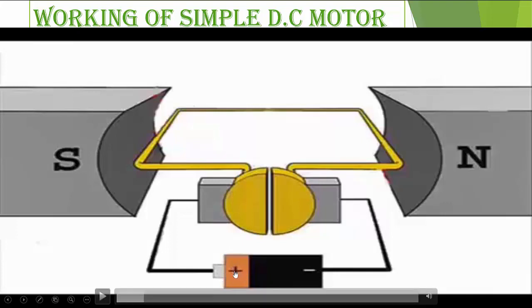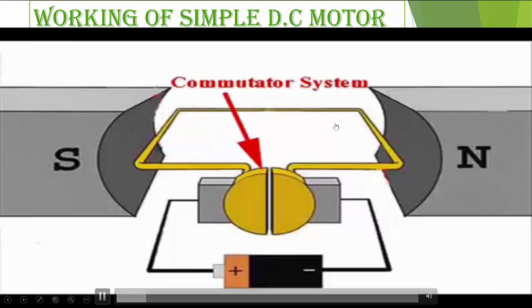It gets to the brush B1, then the slip ring S1, then A, B, C, D, again back to S2, then B2 and then back to the negative terminal. This is how the current flows. And this total slip ring part is known as the commutator system.